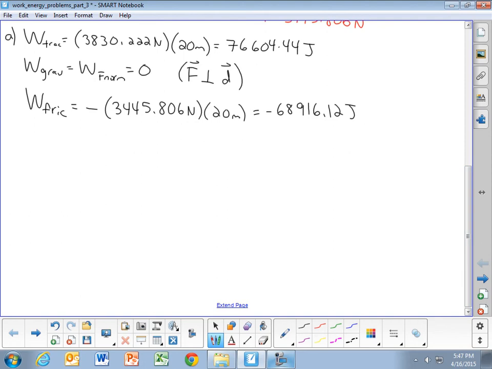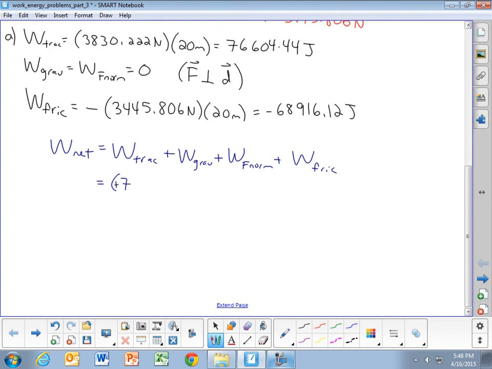Then we were asked to find the total work done by all of the forces, the net work done. That would be the work done by the tractor, plus the work done by gravity, plus the work done by the normal force, plus the work done by friction. If there are 4 forces acting, I need to find the work done by each of those 4 forces. Several of them were 0.